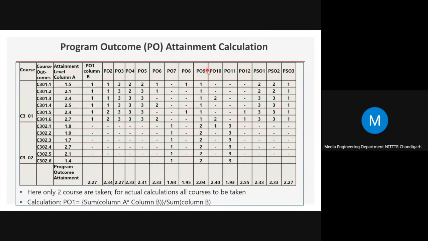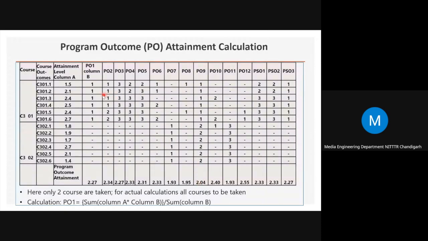But if we see PO9 attainment, you can see that the ninth PO is mapped with all the COs, right? In between, for the other subjects, some POs are mapped with some of the COs of one subject or the other. But PO9 has mapping with all.